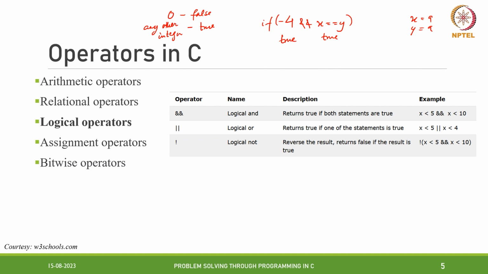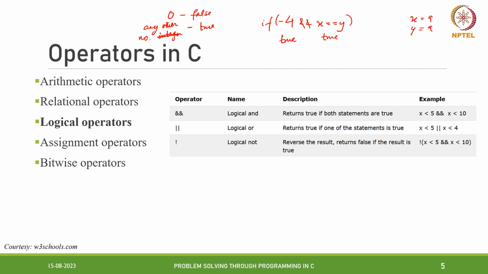I think it works with real numbers as well. But the false has to be exactly 0, not 0.1. 0.1 will be true, but 0 will be false. Any other number would be true.